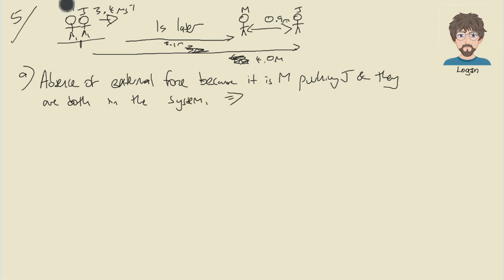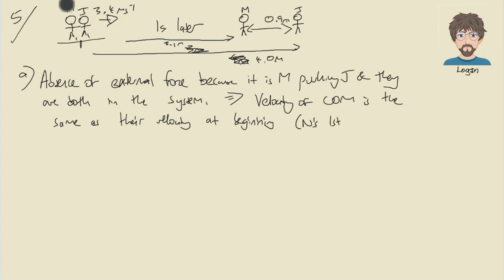Therefore, the velocity of the centre of mass is the same as their velocity at the beginning. And that's basically Newton's first law. And therefore it's 3.4 meters per second.